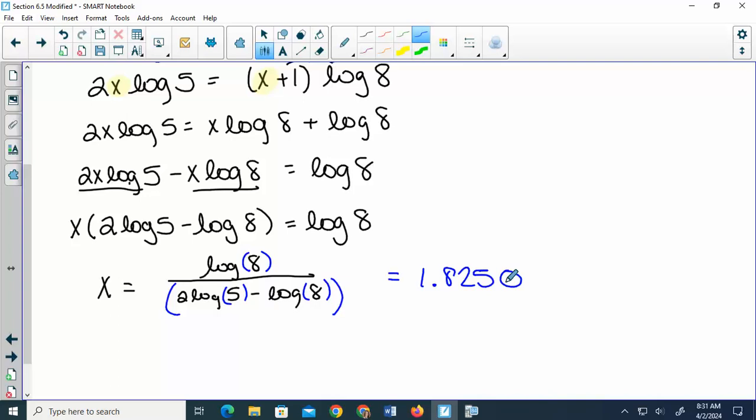Did you guys get that? And again, to check it, you would put it back into the original. You would have to put in both sides because there were x's on both. Put them both in your calculator and see if you get the same decimal or very, very close. Does anyone need me to look at how they're plugging things in the calculator if you're not getting it to come out?